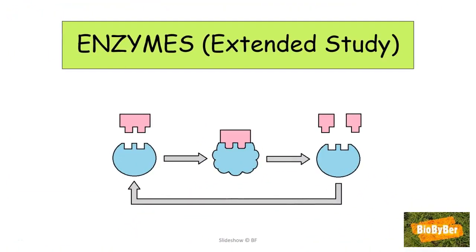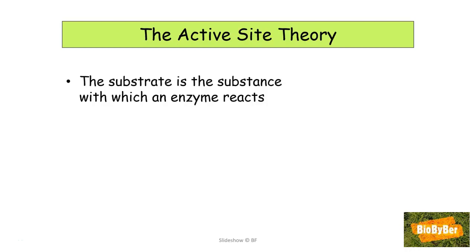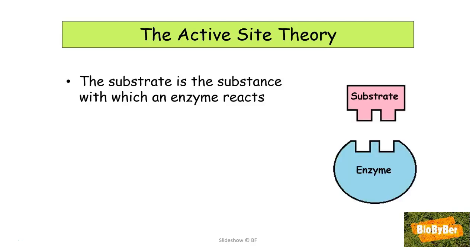Let's sort higher level enzymes by first looking at the active site theory. The substrate is the substance upon which an enzyme reacts. SUB in substrate, SUB in substance, represented here in the pink.